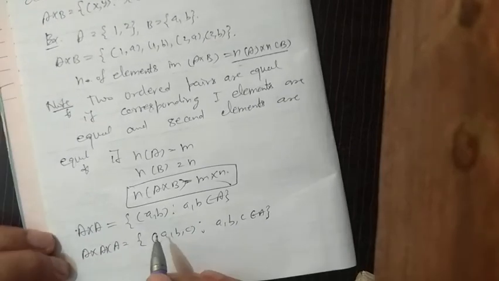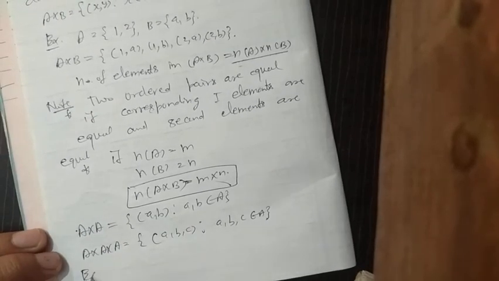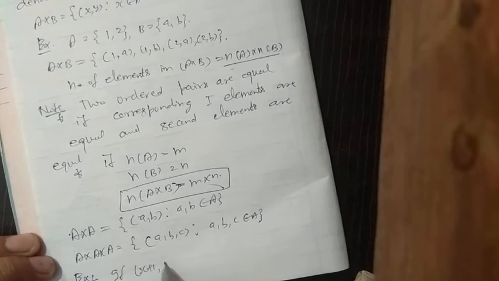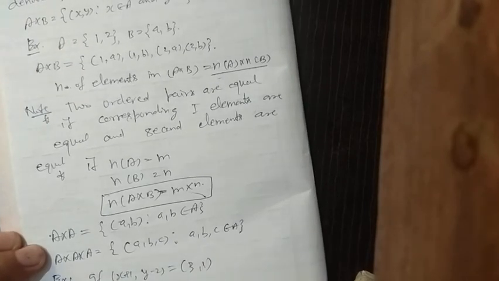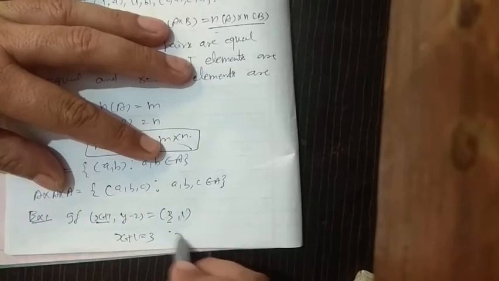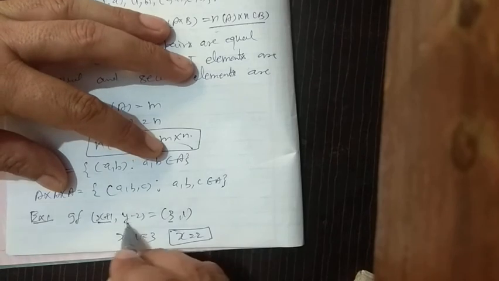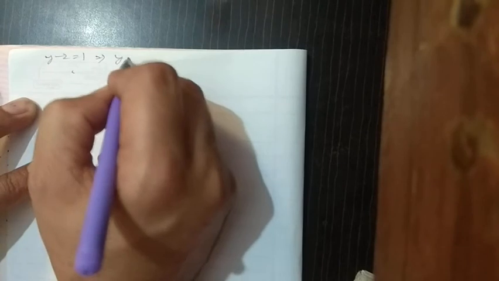In the first example, if (x plus 1, y minus 2) is equal to (3, 1), then comparing first element with first, that is x plus 1 is equal to 3, so x is equal to 2, and y minus 2 is equal to 1, which implies that y is equal to 3.